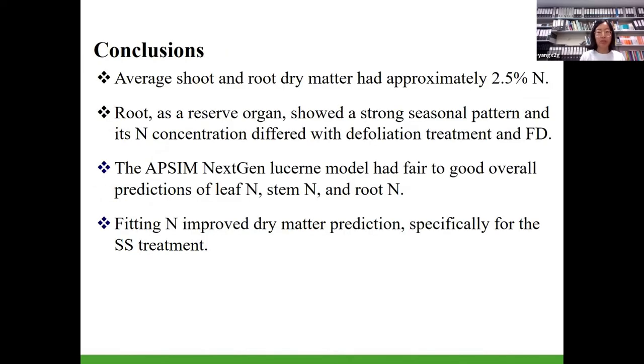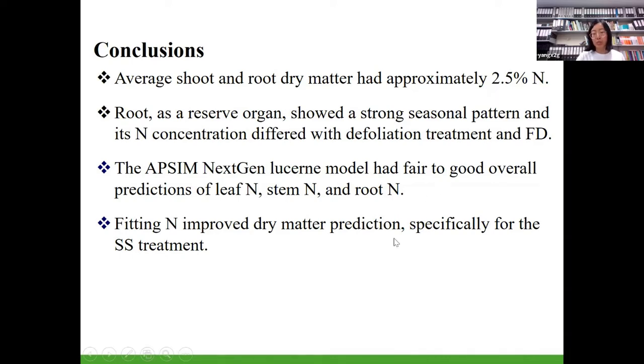So from the previous slides, we conclude here, average shoot and root dry matter has about 2.5% of nitrogen. Root as a reserve organ showed the strong seasonal pattern, and its nitrogen concentration differed with defoliation treatment. The APSIM Lucerne model has a fair to good prediction of leaf nitrogen, stem nitrogen, and root nitrogen.